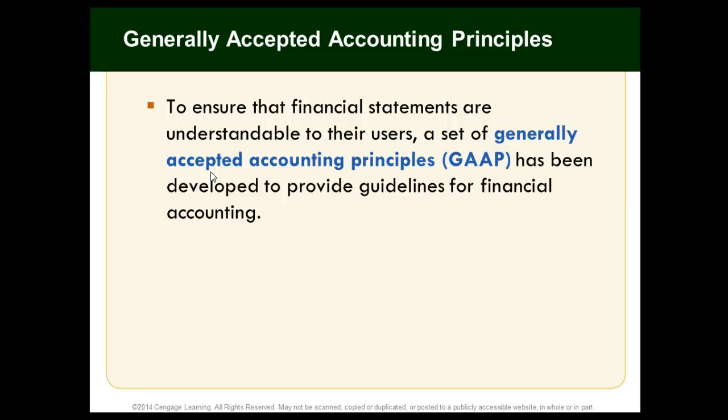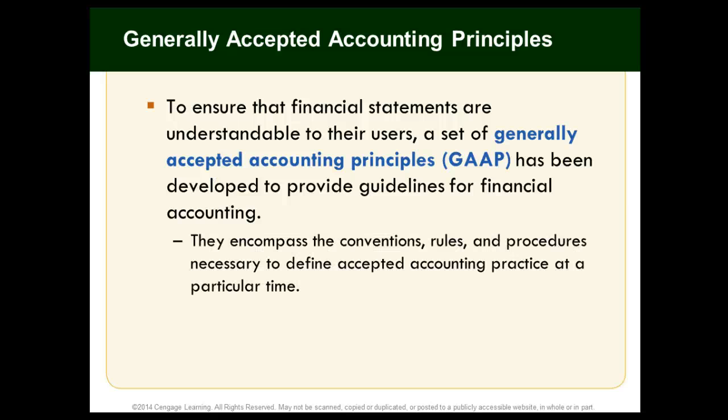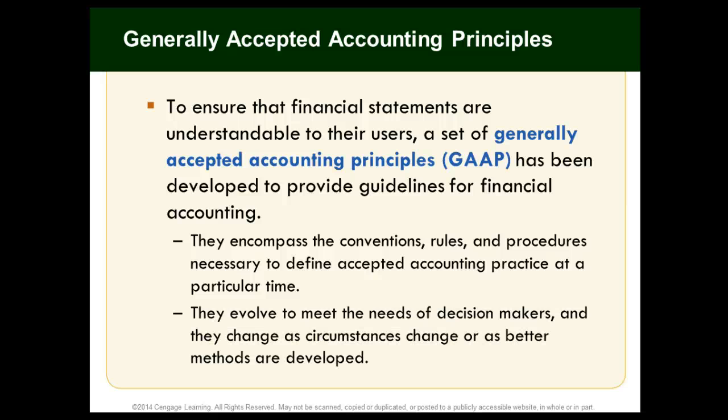We call it GAAP, Generally Accepted Accounting Principles. These principles have been established for years, and they are revised and updated over periods of time. They basically give us guidelines as to how we're supposed to transact and communicate this information to users.